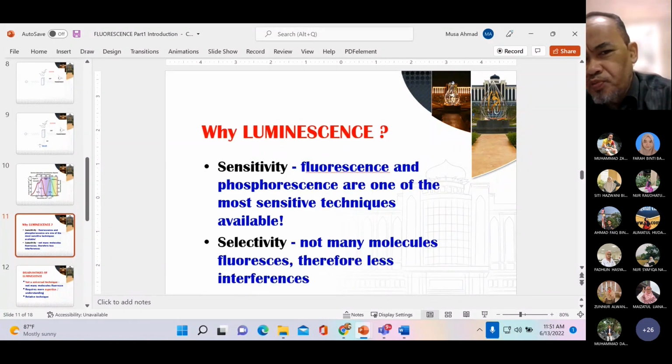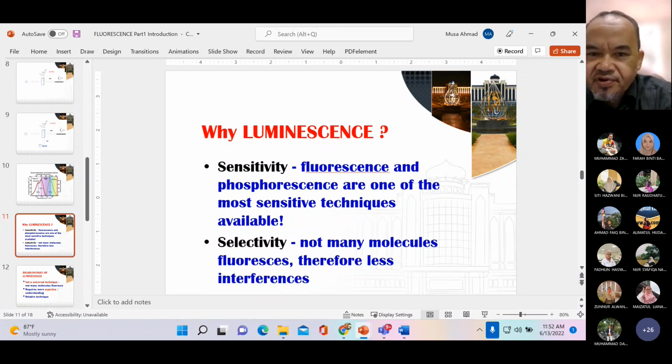So what is luminescence? Luminescence is the general term that includes phosphorescence and fluorescence. Luminescence is the emission of light, and if the emission involves no flip in the electrons, we call it fluorescence.